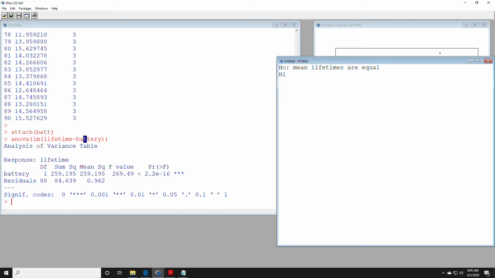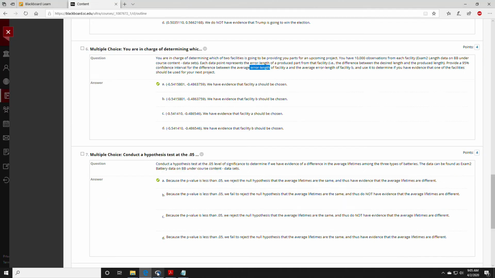The alternative is that they're not, right? At least one type of battery has a different mean lifetime. And so we have a very, very small p-value that is less than alpha, the significance level.